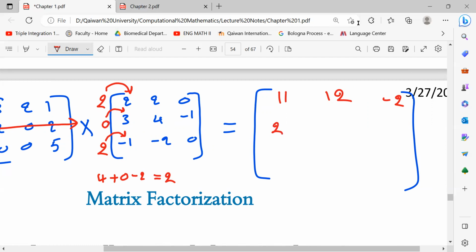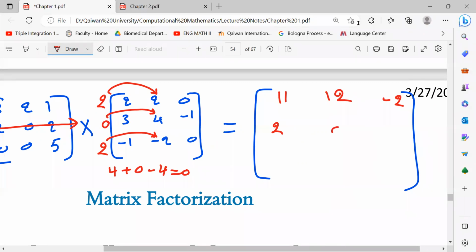This is 2. Then, for the second column, 2 times 2 plus 0 times 4 plus 2 times -2. Okay? 2 times 2 is 4. 0 times 4 is 0. 2 times -2 is -4. And the result is 0.